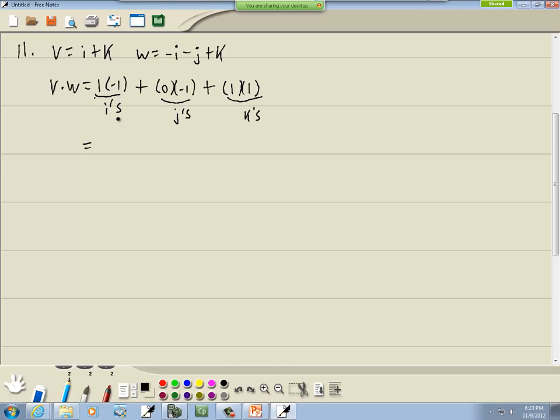Well, 1 times negative 1 is negative 1. That 0 times anything drops away. 1 times 1 is 1. So our dot product is 0. Okay.